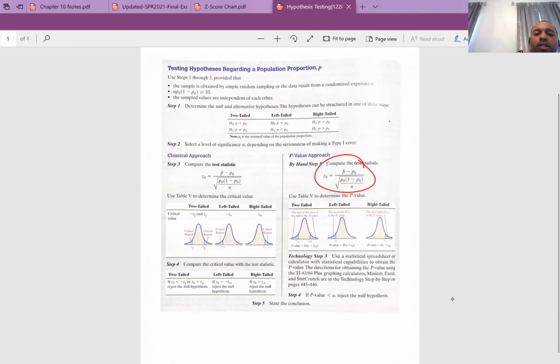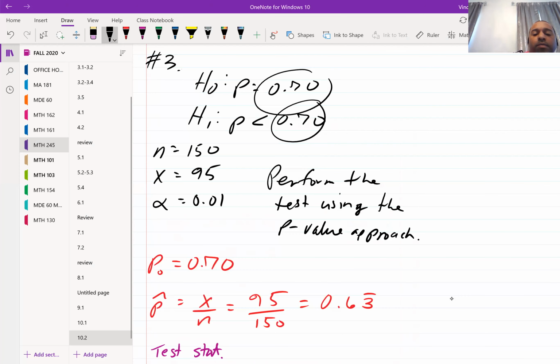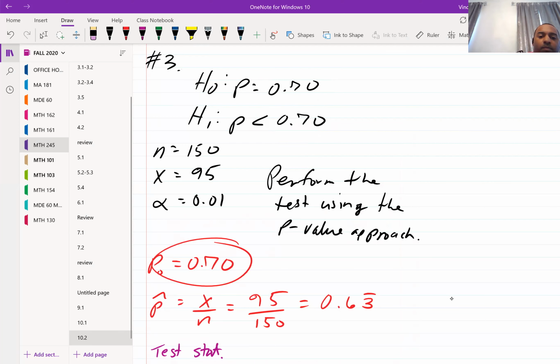P naught is always going to be this value here, so P naught is equal to 0.7. P hat is always going to be x over n, so it's 95 over 150. And they gave me 0.6 with 3 repeated, so that's why I have to borrow the 3. So make sure we're okay with the establishment, what we were given, and what our symbols represent.